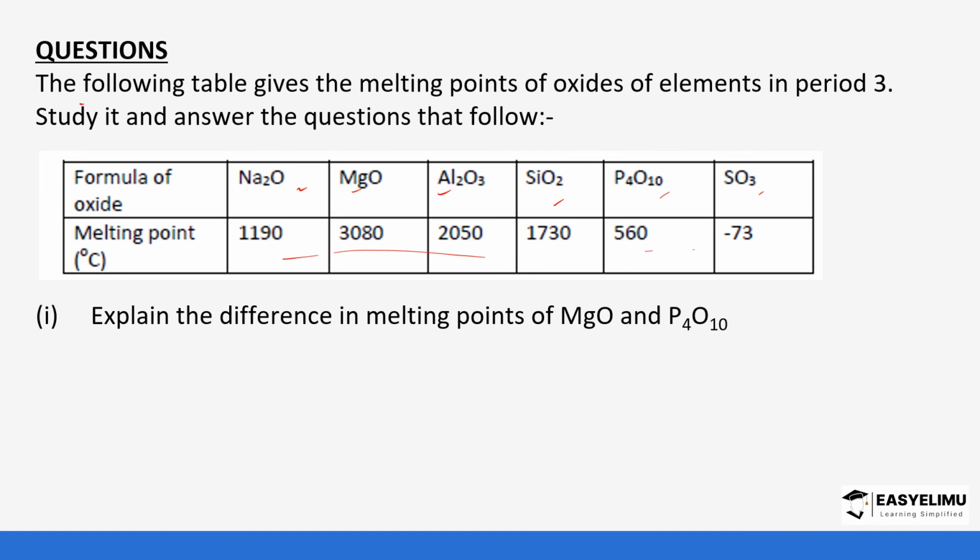Explain the difference in the melting point of magnesium oxide and phosphorus 5 oxide. So you can see magnesium oxide has a higher melting point than phosphorus 5 oxide.